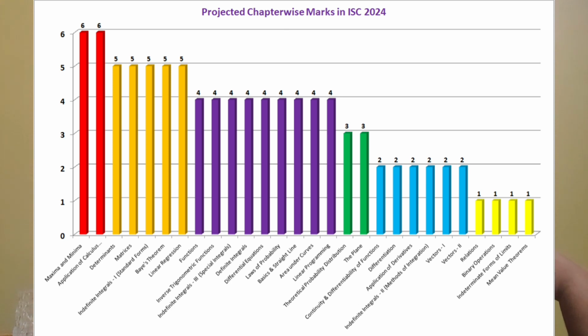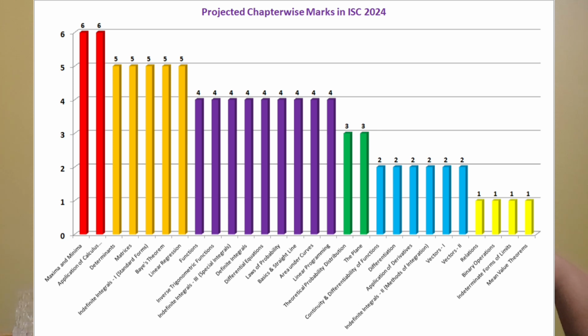Then calculus, the huge chunk: continuity and differentiability 2, differentiation 2, indeterminate forms 1, mean value theorem 1, application of derivatives 2, maxima minima 6, indefinite integrals 1, 5, then standard methods will have 2 and special integrals will have 4, definite integrals 4, differential equations 4.